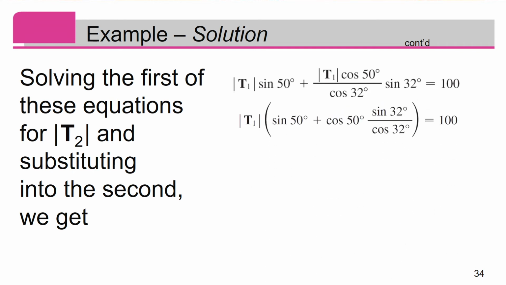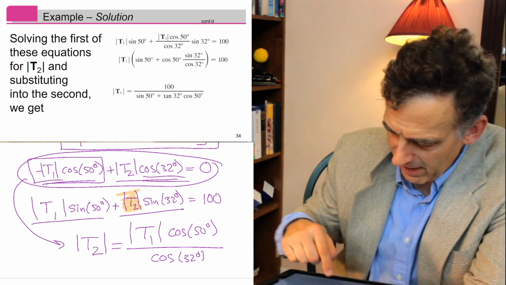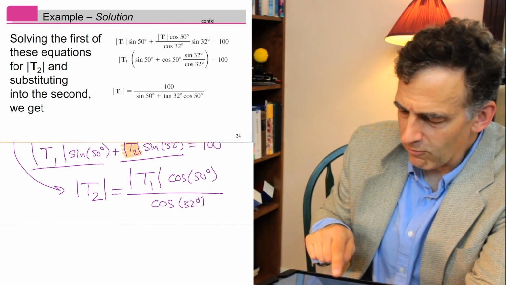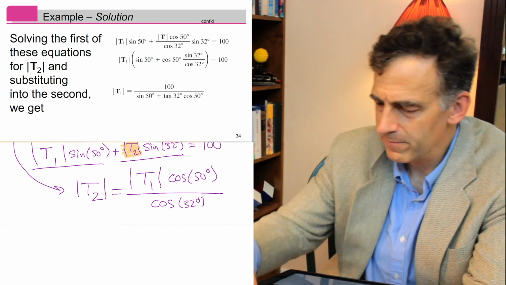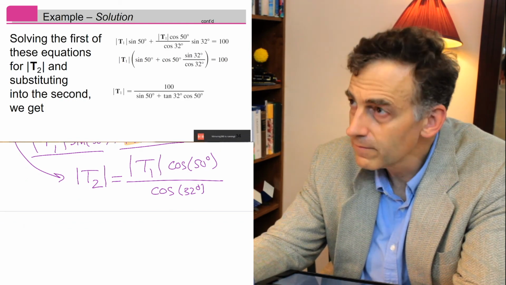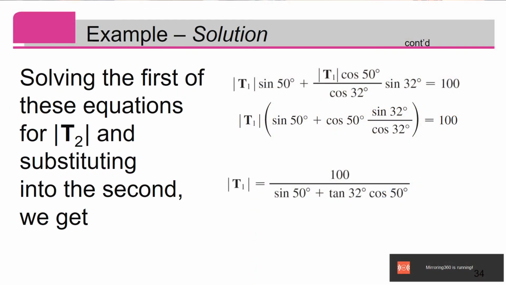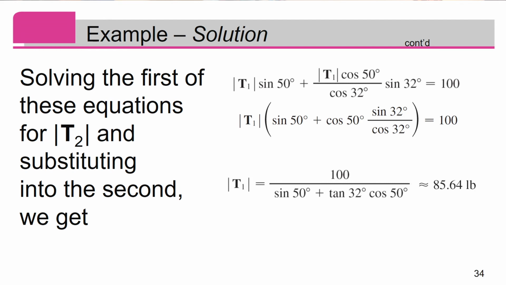Now I can solve for the magnitude of T1. That's pretty easy. First of all, factor out the T1, and then divide everything by that parenthetical thing. By the way, sine over cosine of 32 is tangent 32. So there's my magnitude of T1. To get the magnitude of T2, just go back to this expression that I have right here and plug T1 into it.